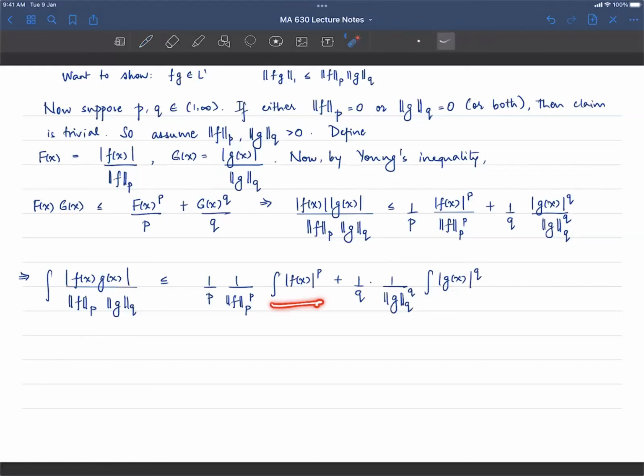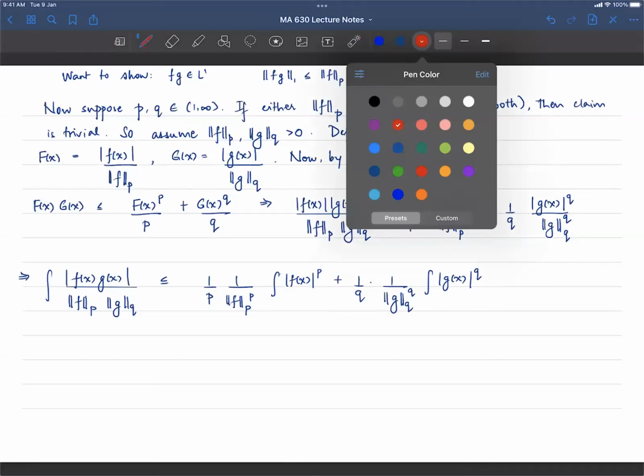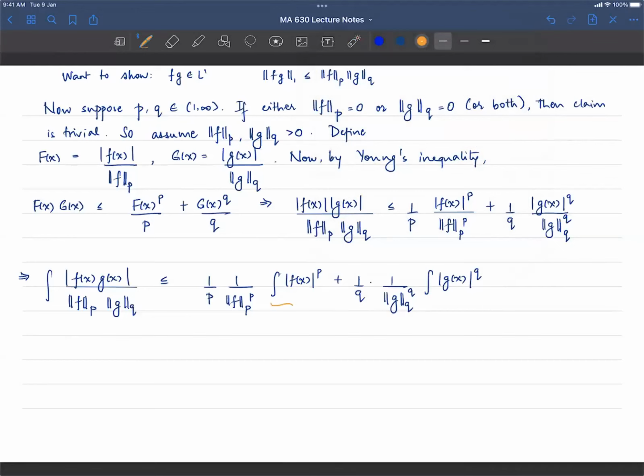Now you stare at this thing and you realize what this is. This is just the p norm of f to the pth power. In other words, it's precisely the denominator. And you stare at this integral of |g(x)| to the q and you realize it's just the q norm of g to the qth power.